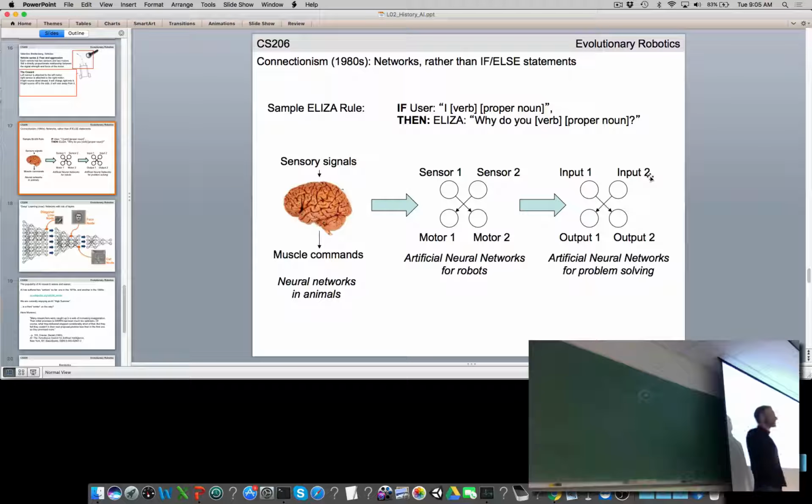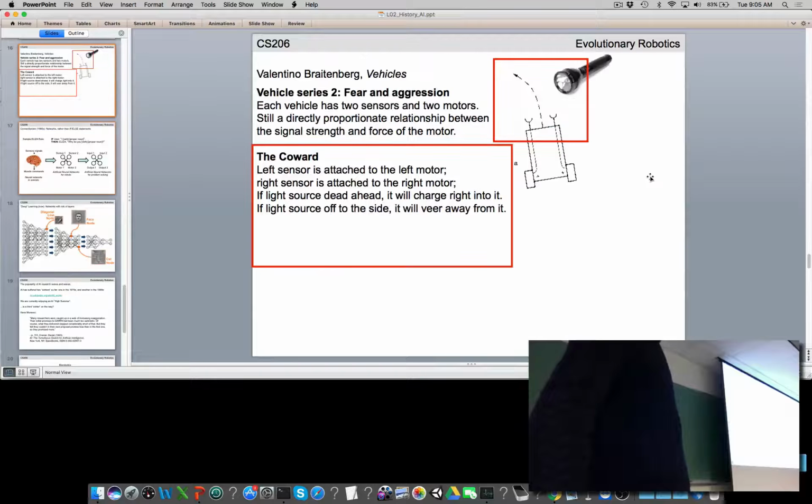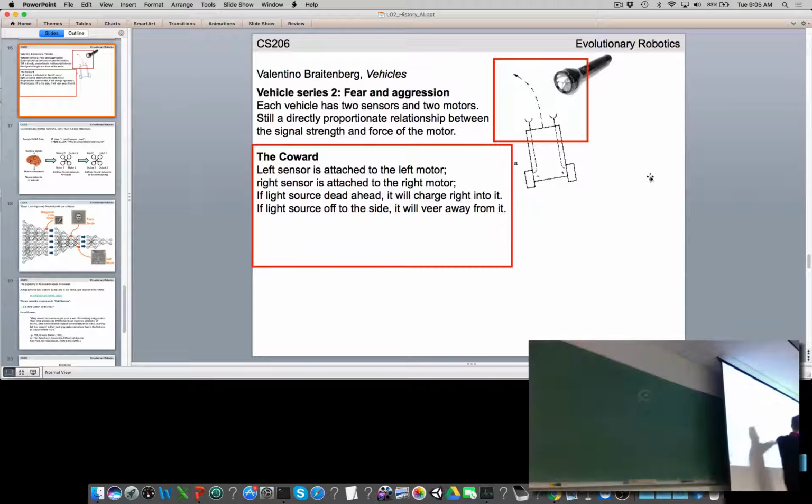You're going to see that in assignment 4. As the motors are driven, we get a robot that moves in response to sensory information. This little cartoon neural network is really not that different from a Braitenberg vehicle. We have 2 sensor neurons here and 2 motor neurons here.